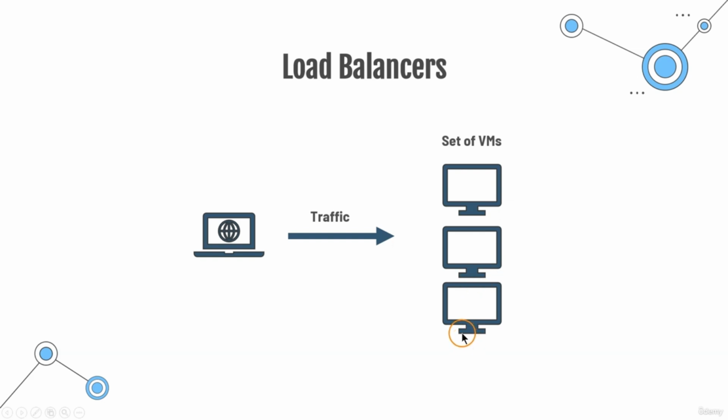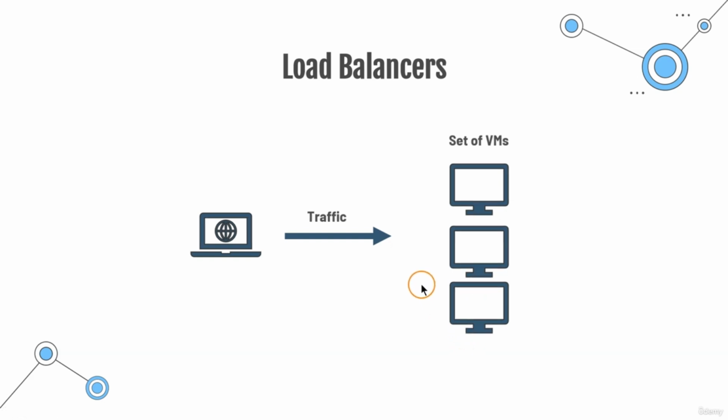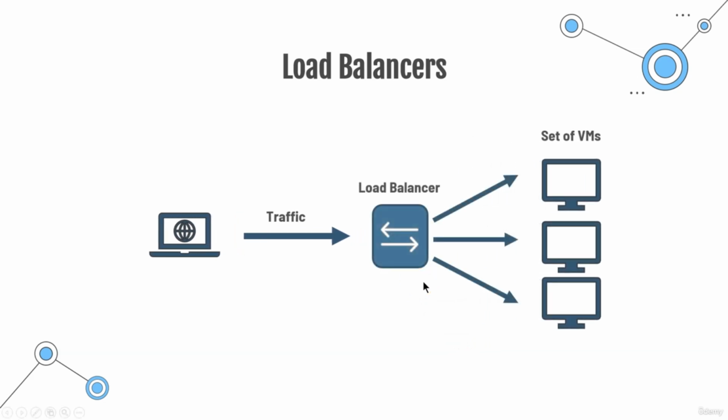For this purpose, we can optionally use load balancers. And their job is to distribute the traffic on these virtual machines, depending on the health of these virtual machines. So, for example, if we have one virtual machine that is currently having some issues, then no traffic will be sent to this virtual machine.